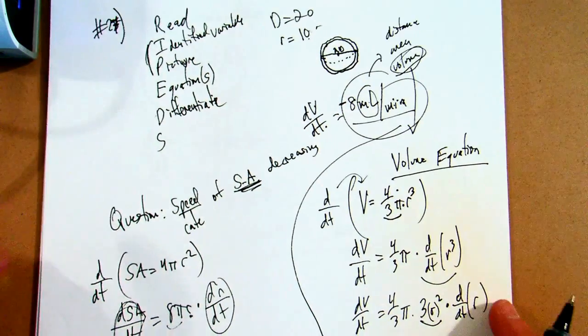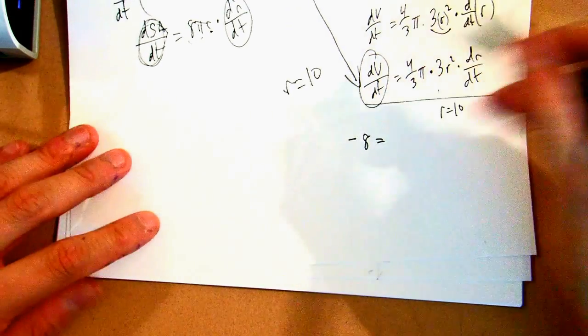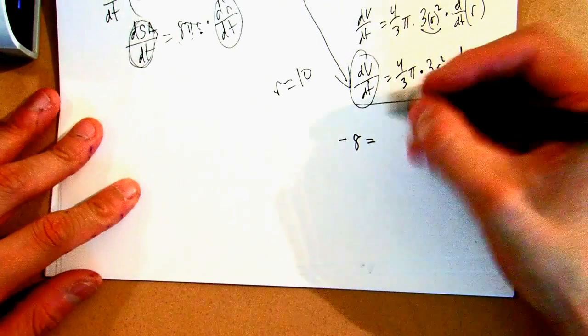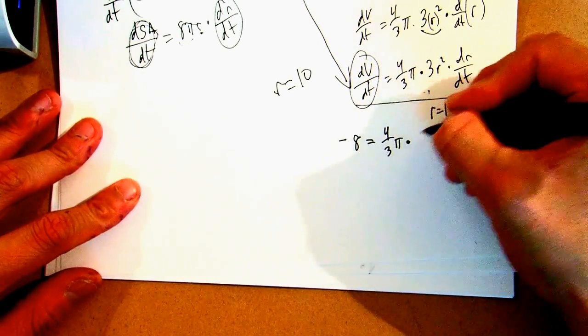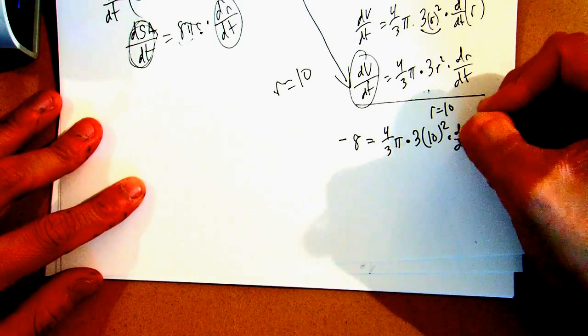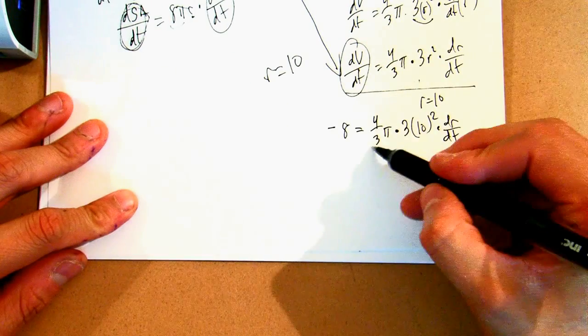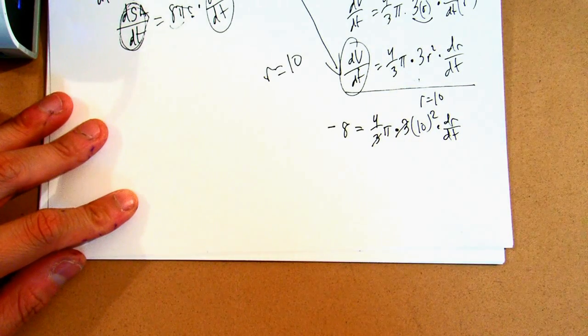Okay. So then we plug in. It's going to be negative 8 equals. Remember, leave the units out till later. Okay. So we get 4/3 π times 3 times r, which is 10, squared, times dr/dt. So we're going to simplify this. The 3 and the third cancel, right?